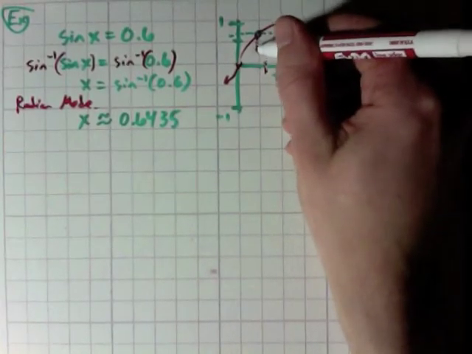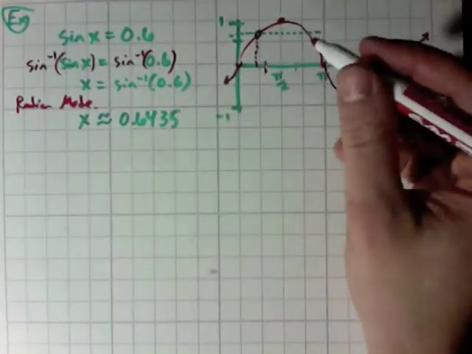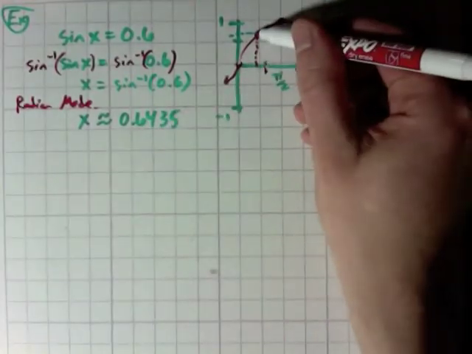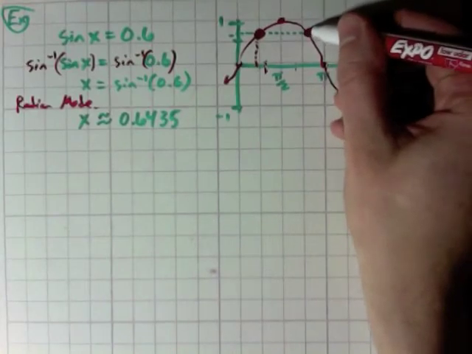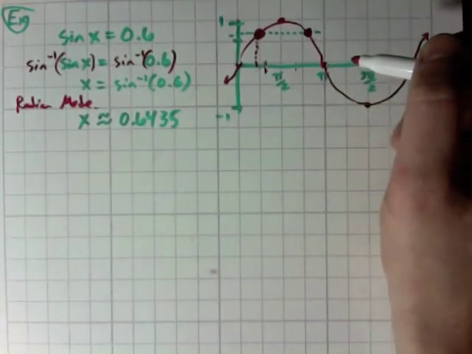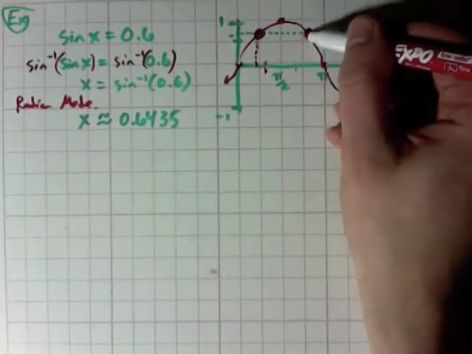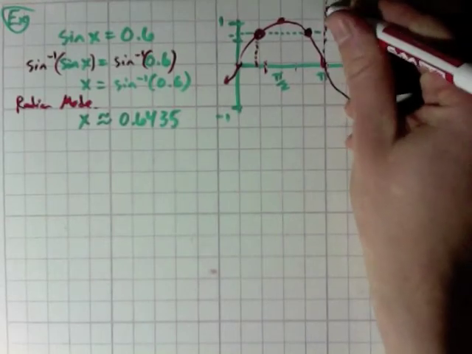So our reference angle is this 0.6435 value. So that represents this particular solution, but in order to find this solution over here, it's going to require a little bit more work. Now I can't just add like pi over 2 in order to get that. I have to actually consider reference angles again.